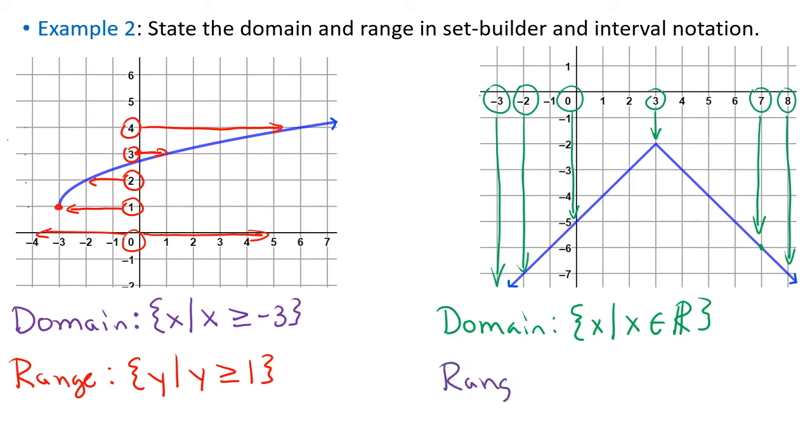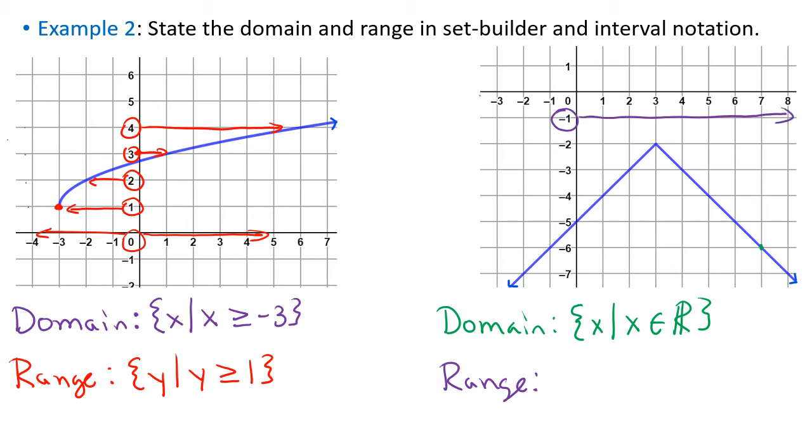Then range. So if we look for the range, once again, the y values that create this graph. We can see here at -1, there is nothing touching the blue line. Therefore, -1 is not part of the range. But if we go to -2, we can see there's a point on the blue line.